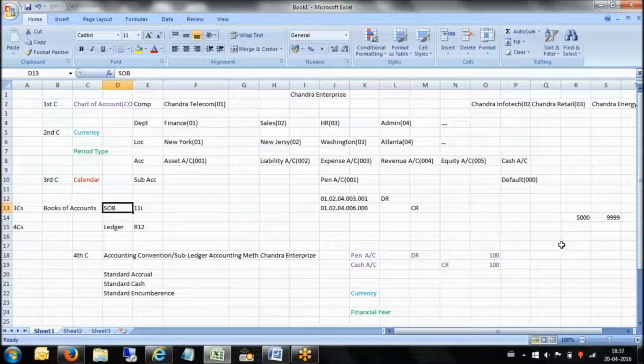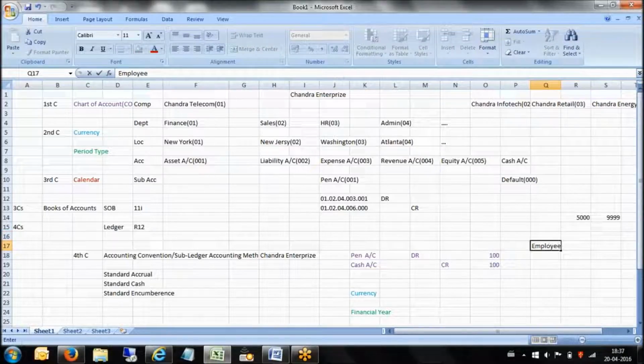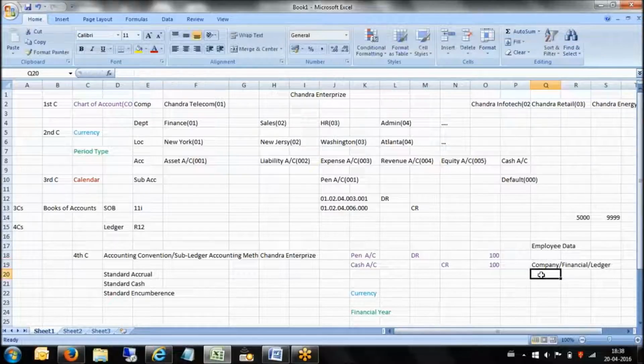What about other data in the organization? And what is that other data? That data is employee data. That data is company or financial data, or ledger data, you can say. Then operational data.